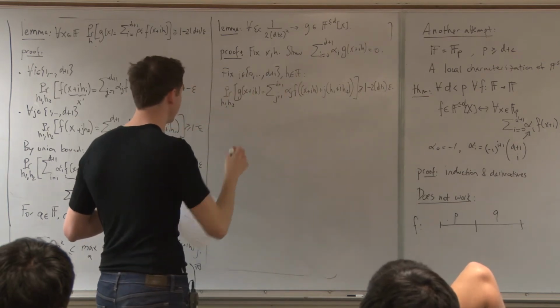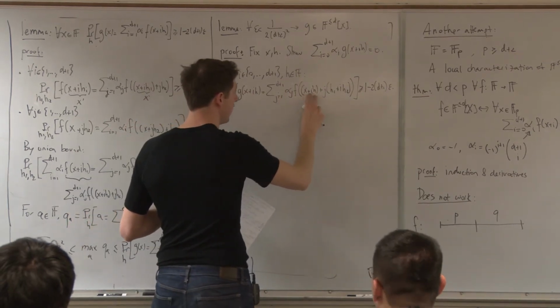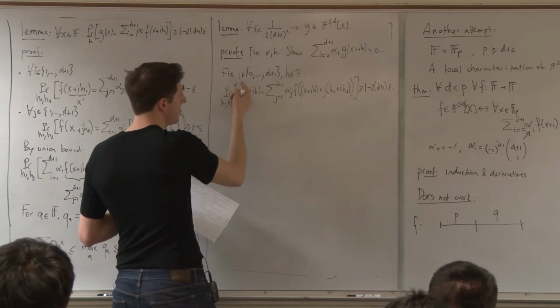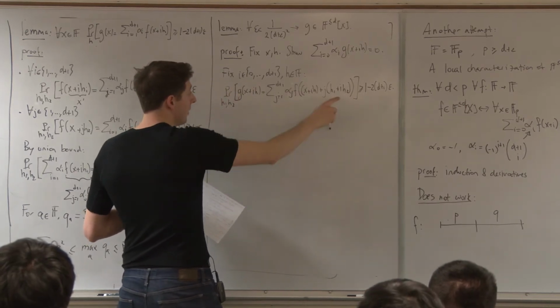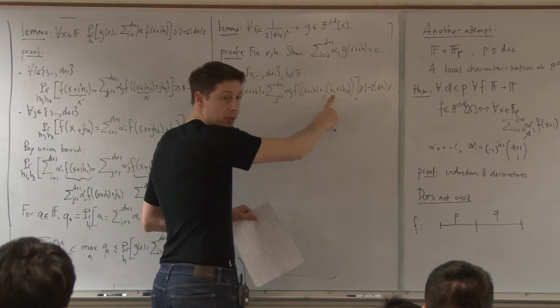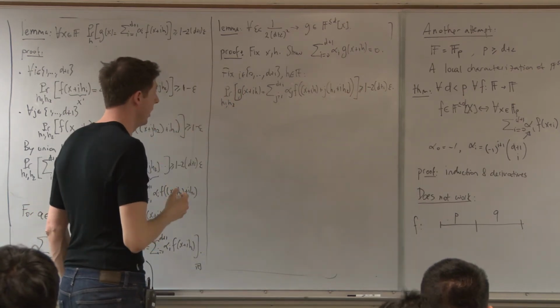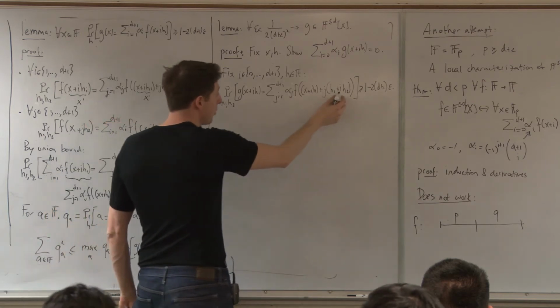I'm just rewriting things. Notice that here it is still a random step, because it doesn't matter whether i is 0 or not. I'm just writing h as h1 plus ih2.